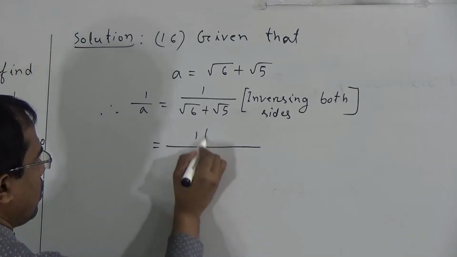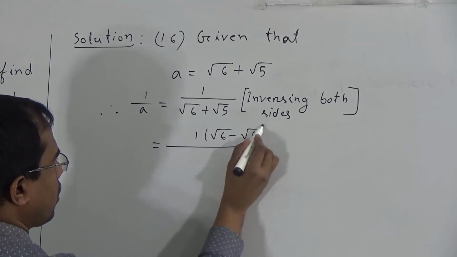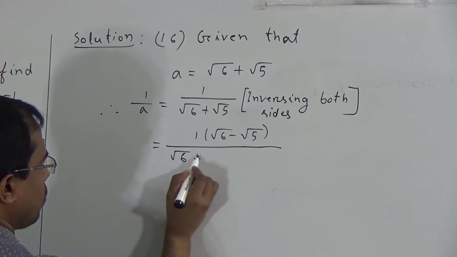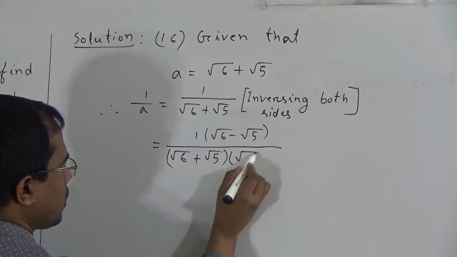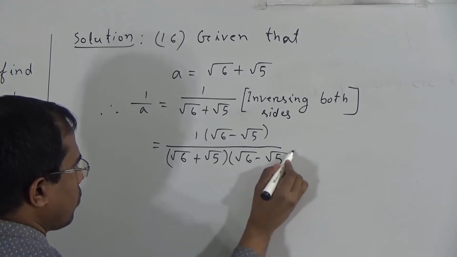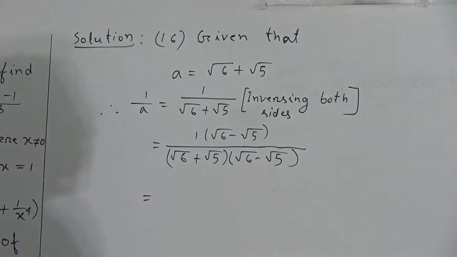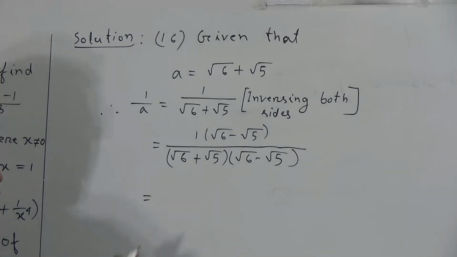So in the numerator, 1 multiplied by root 6 minus root 5, and in the denominator, root 6 plus root 5 into root 6 minus root 5. In the denominator, we can apply the a plus b into a minus b formula. You know that a plus b into a minus b is equal to a square minus b square. Here instead of a square, we have to write root 6 whole square, and instead of b square, root 5 whole square.